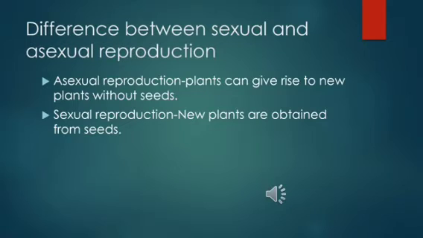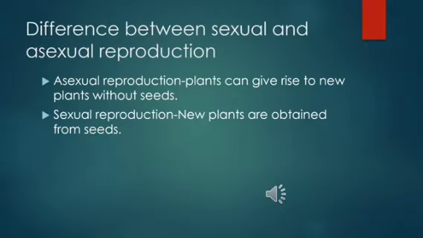Whereas sexual reproduction, here new plants are obtained from seeds. Say for example you have the mango plant. What do you do? You take the mango seed, allow it to germinate and then allow it to grow. So we need seeds over there. I cannot just take a cutting, put it and make a tree out of it. So the basic difference you just understand.